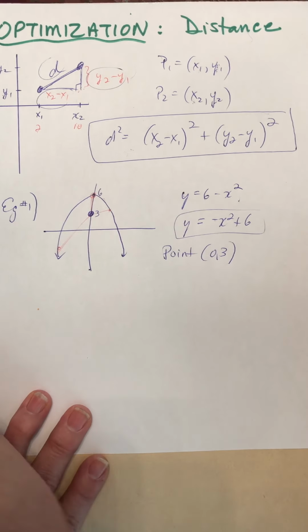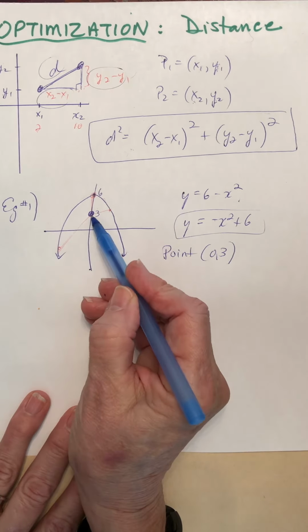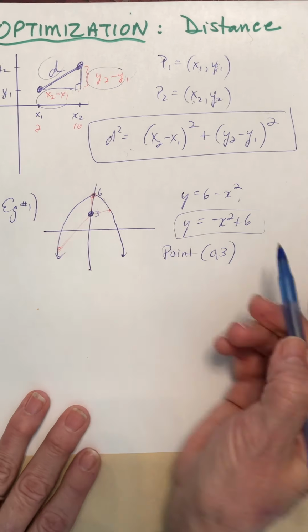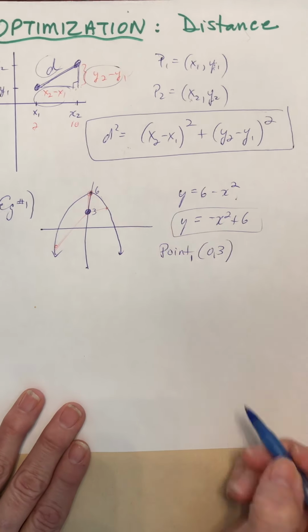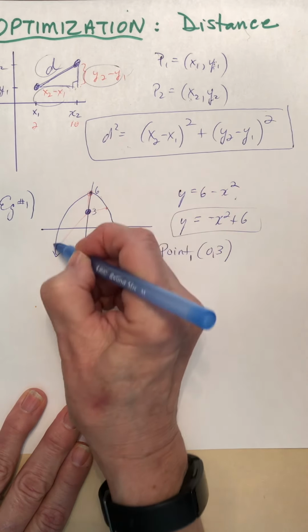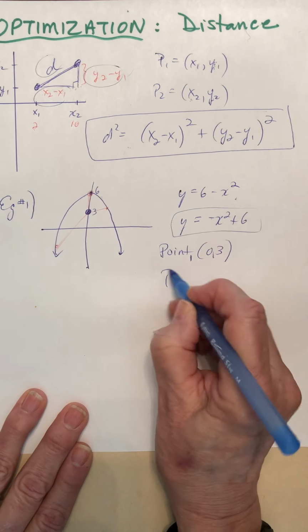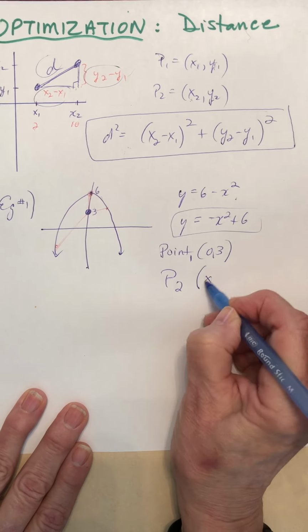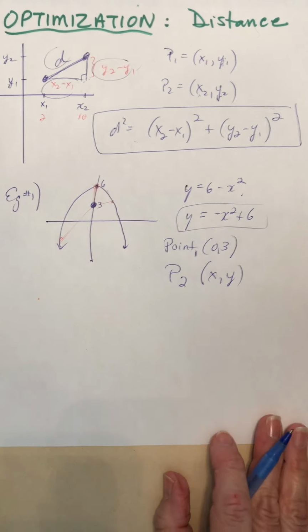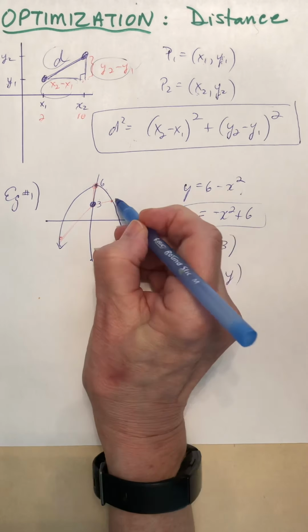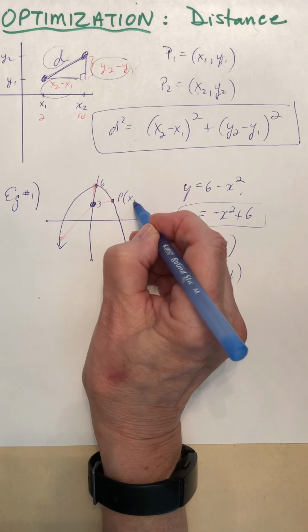So the idea then, what I'm doing is I do have 2 points. I have this point right here whose coordinates are 0, 3. So I'm going to call that point 1. Then I have some random point somewhere here on the parabola. I'll call that point 2. And any point has the coordinates x, y. Well, that's not very specific. So what do I know about this random point right here?